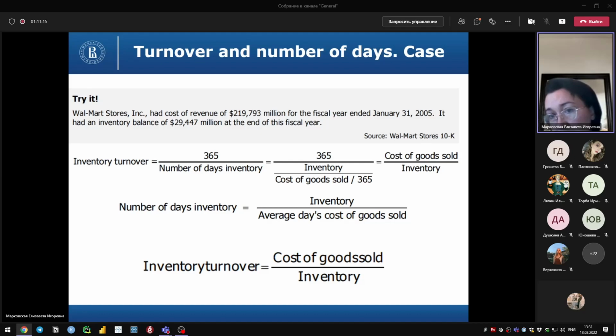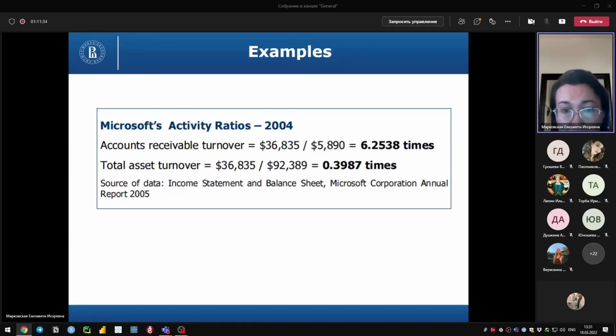And the same situation with other ratios, account receivables ratio, inventory ratio. So we will practice now based on the Time Warner financial statement.